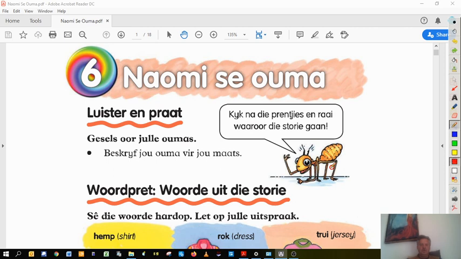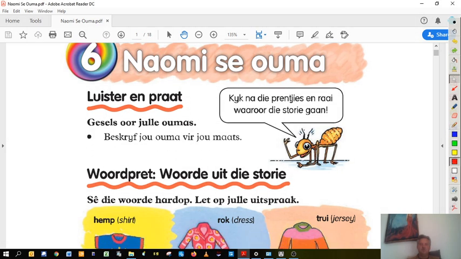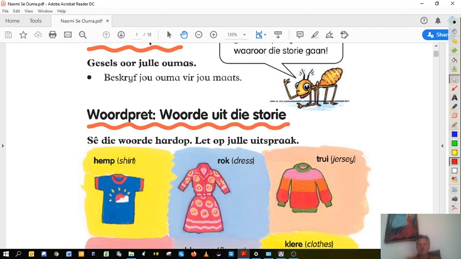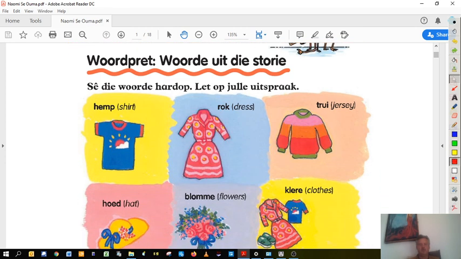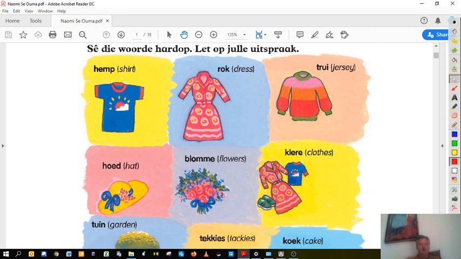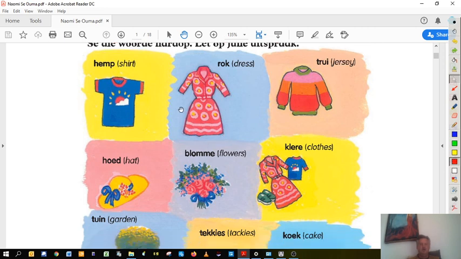But before we get there, we start off by teaching our learners a few new Afrikaans words, which will help them to understand the story a little bit better when they get to read it. I want to direct your attention to a few new words, which is on page 54 and 55. The words are listed here.